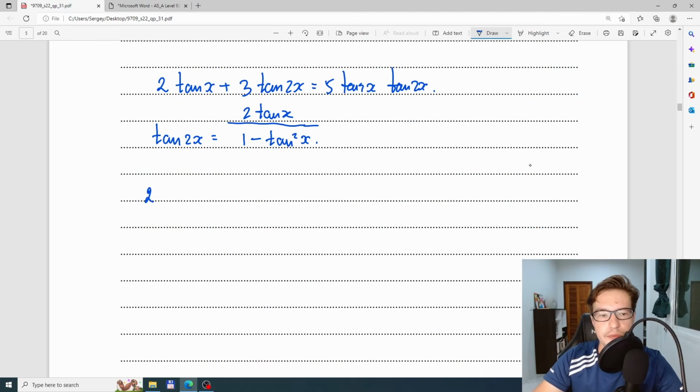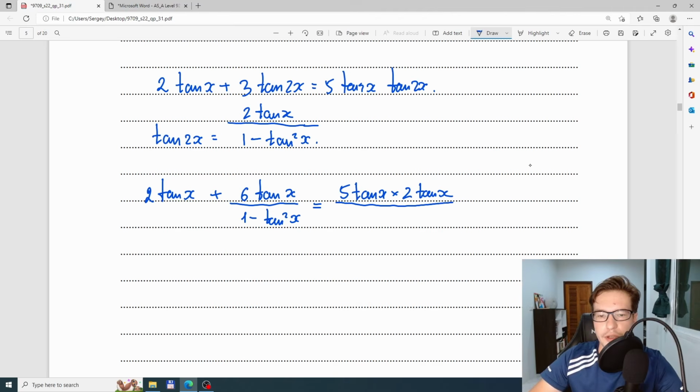I will get 2 tan x plus 3 times 2, which is 6 tangent x over 1 minus tan squared, equals 5 tangent x times 2 tan x divided by, again, 1 minus tangent squared.